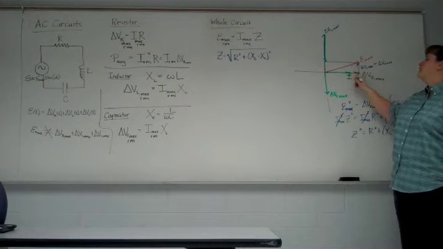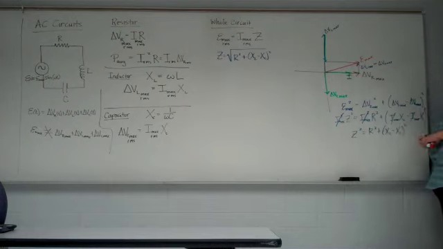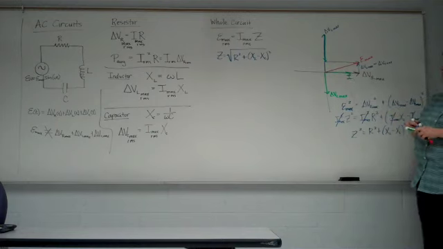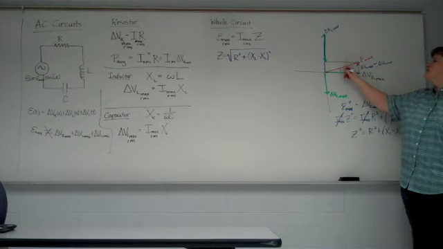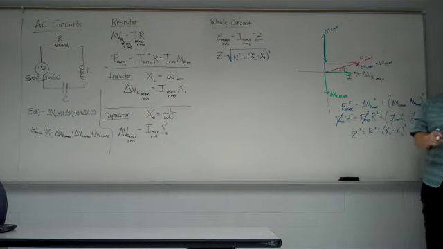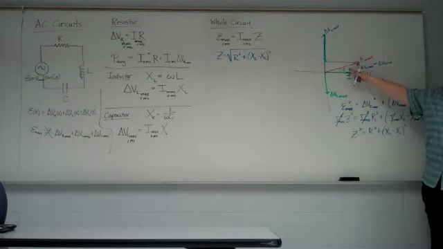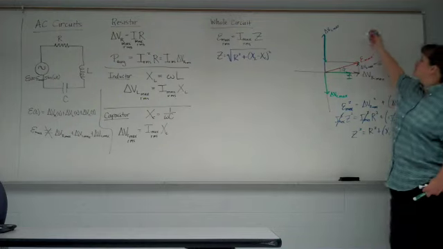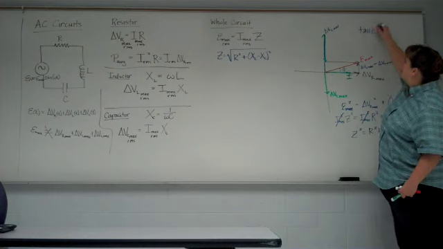So the current is in phase with the resistor's voltage. By having inductors and capacitors in the circuit, we can end up with a phase shift between the maximum voltage and the maximum current. Phi right there. We can easily solve for phi.